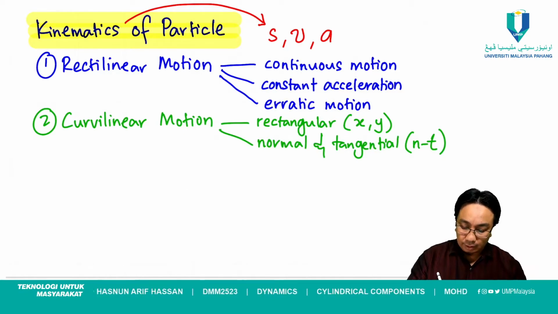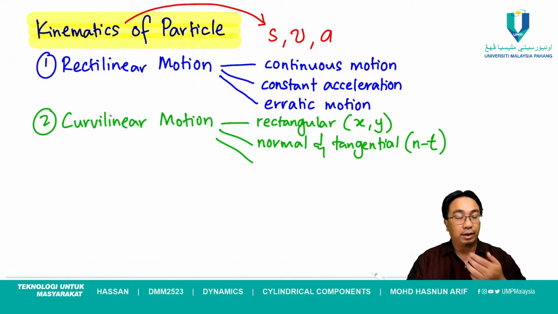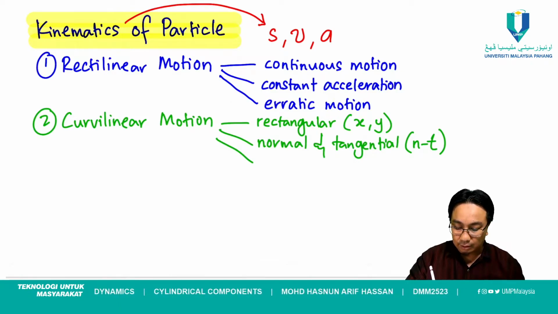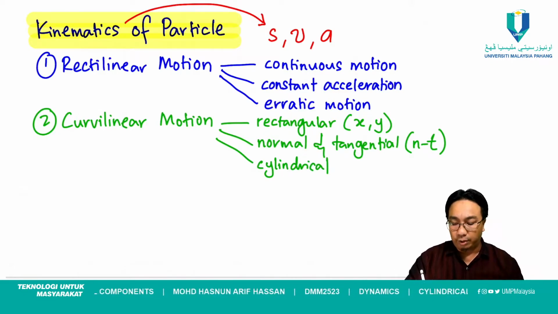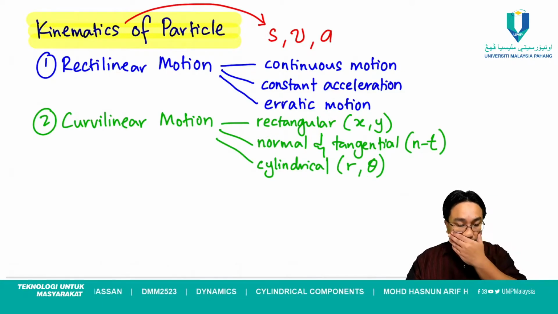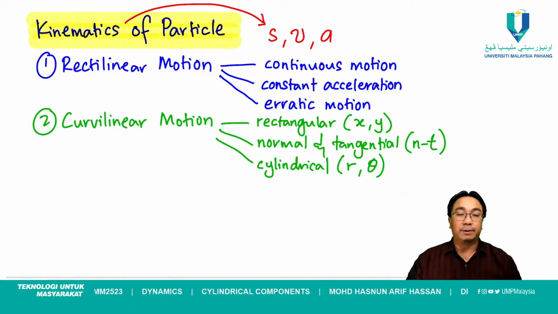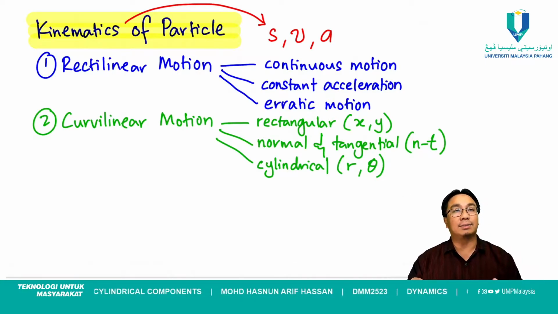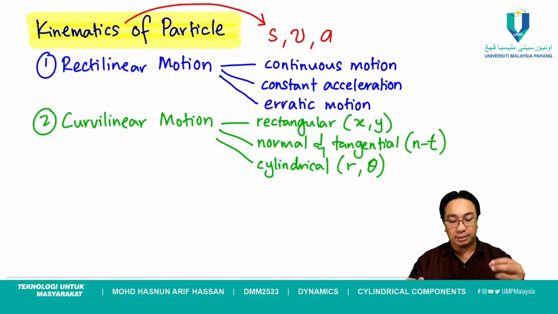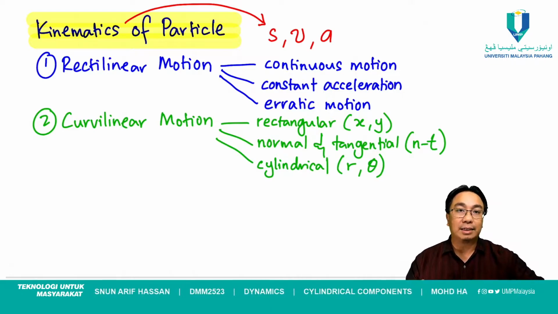And then the last one that we discussed in the previous class is the cylindrical coordinate system, where you have the radial axis as well as the transverse axis theta. These are what we have covered so far. So basically we have learned approximately 6 subtopics under the chapter Kinematics of Particles.